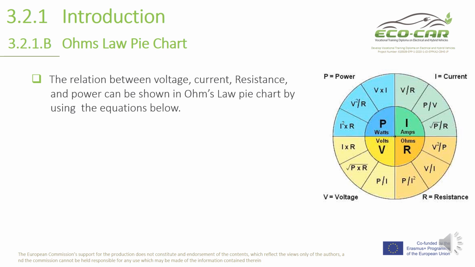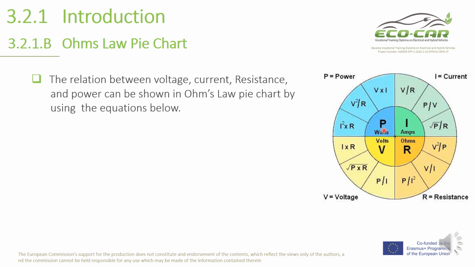This blue means power, and this is the unit of power, which is watt. This is the current, unit is amperes. Voltage, the unit of it is volt, and resistance, unit of resistance is ohms.